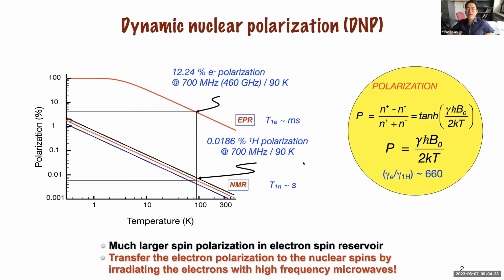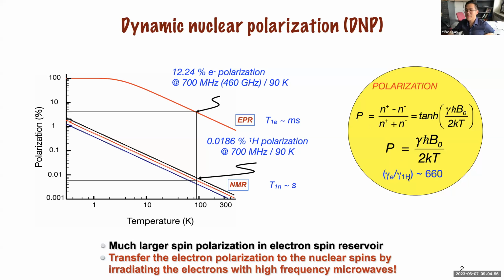So what is DNP? As you know, both EPR and NMR are magnetic resonance techniques. They measure the population difference of the two Zeeman levels, for example. For localized distinguishable spins, the polarization can be calculated by the Boltzmann distribution. However, the gyromagnetic ratios of the electron and the nuclear spin are largely different.